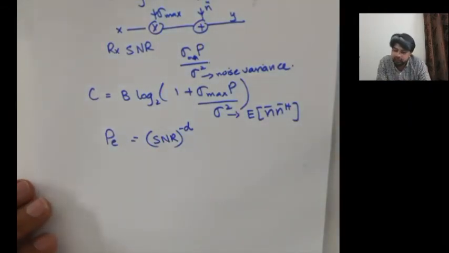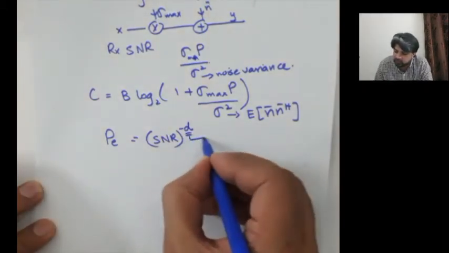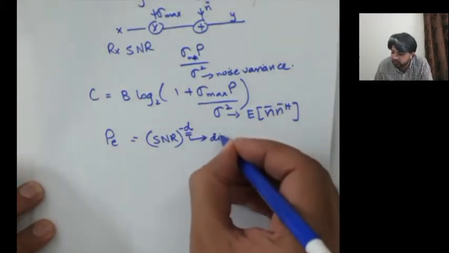Typically, you would define it depending upon what modulation schemes you have, what type of fading distribution you have, what type of combining you are using. So eventually, your average symbol error probability can be written in terms of this signal to noise ratio to the power minus of something. This minus of something is related to a diversity gain. So this is defined as a diversity gain, in fact.